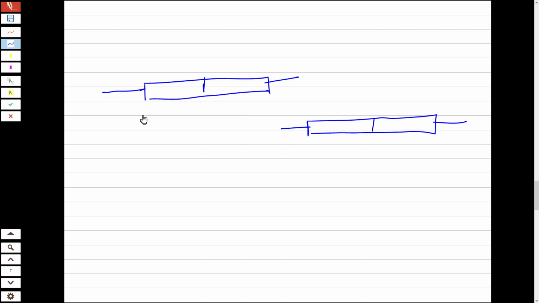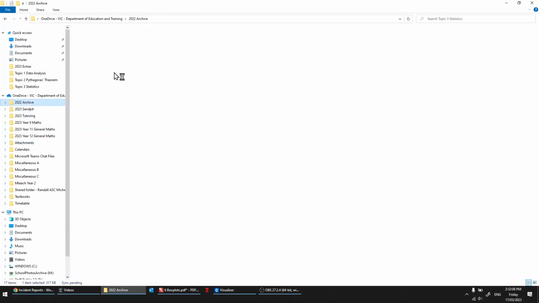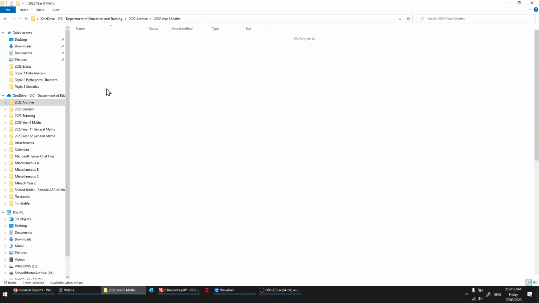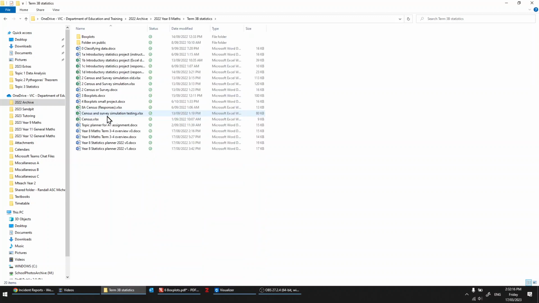Okay, let me show you something with box plots. Actually, I'm going to open it up on my computer. I showed this to my Year 8 class last year because we did box plots then. Let's see.